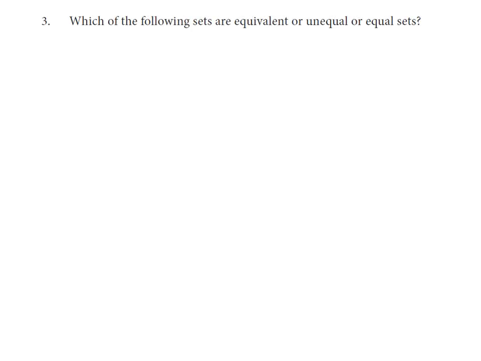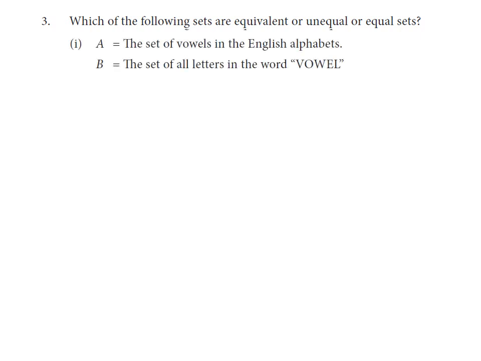Next one: which of the following sets are equivalent, unequal or equal sets? A is equal to the set of vowels in the English alphabet. The set B is equal to the set of all letters in the word vowel.